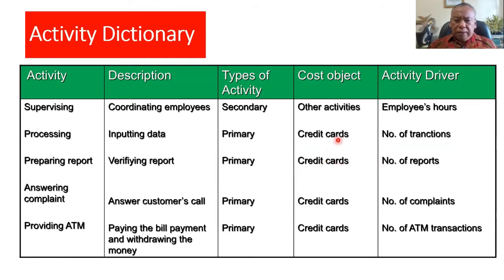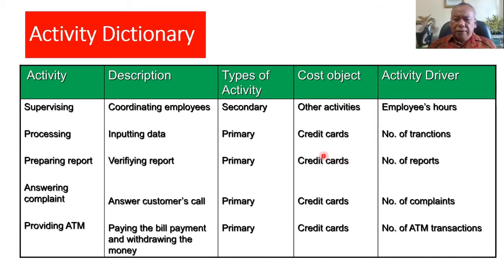And then processing the transaction is a primary activity, because processing is directly related to the credit card, same as preparing report, answering complaint, and providing ATM. This is the cost object: credit cards.